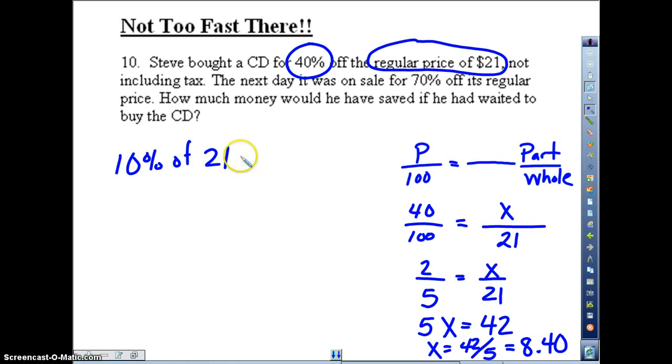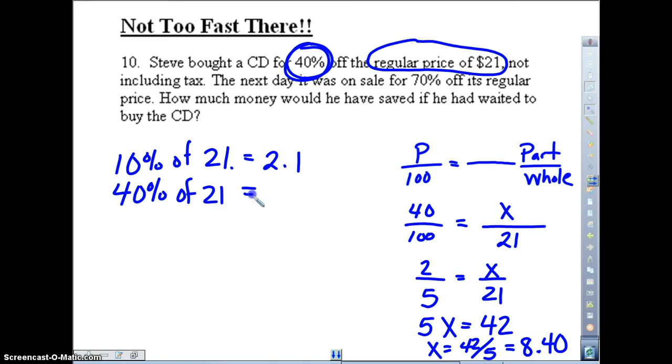What is 10% of $21? Yeah, 2.1. Yes, it scoots the decimal point over one place. So if 10% of $21 is 2.1, 40% of $21 has to be what?